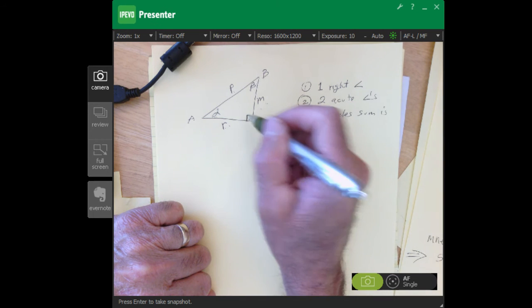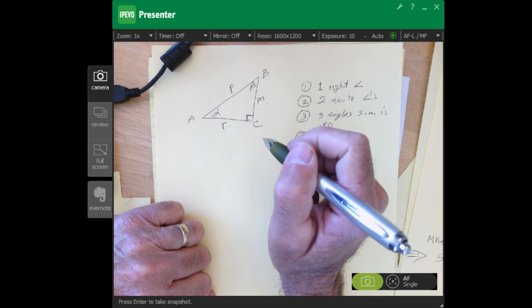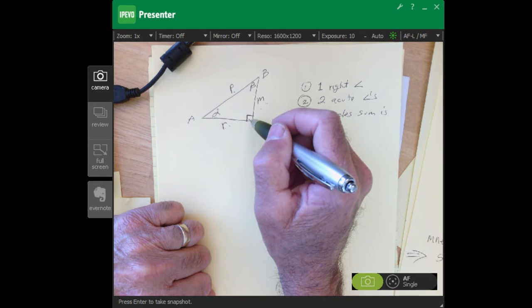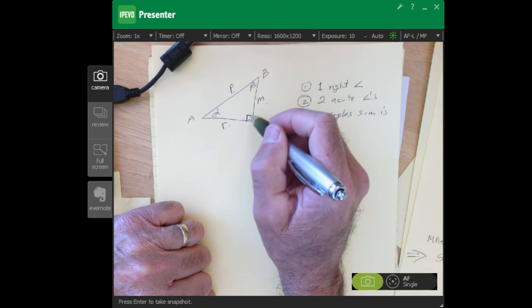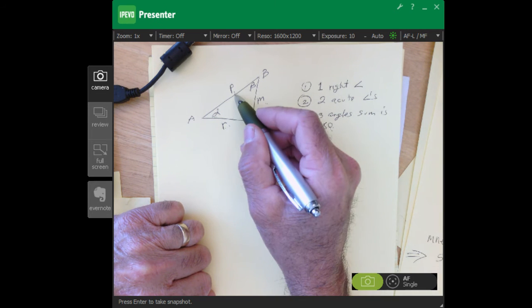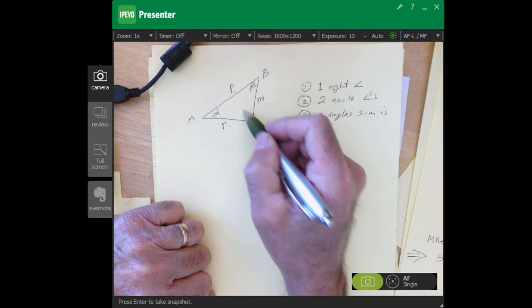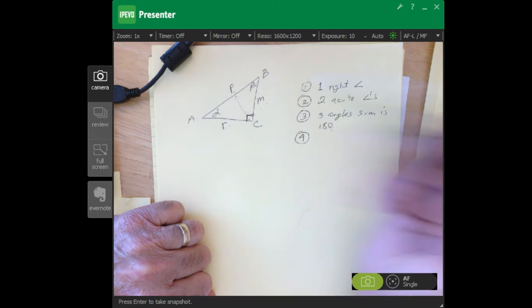The hypotenuse is always going to be in the same place in relation to the 90-degree angle. So the first thing you want to do is find your 90-degree angle, the right angle, and go straight across the middle of the triangle. Whatever side is opposite that 90-degree angle, that's your hypotenuse.